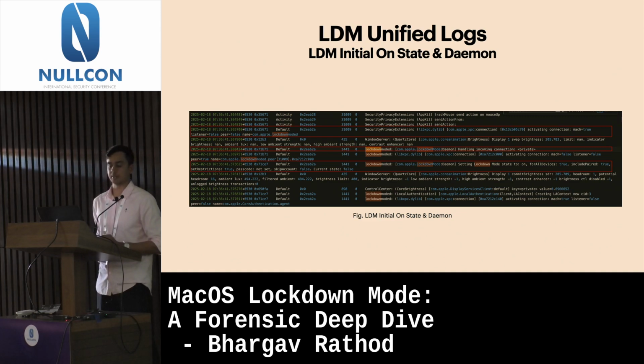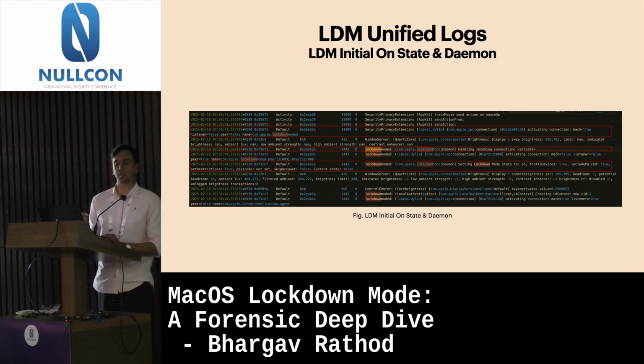Once you enable it from your system settings, and then go into privacy and security, it will have an indicator that security privacy extension is invoked. And from there, you'll see lockdown mode is handling all the internal stuff. And it will have a thing called lockdown mode state to on, and it is set for all devices.